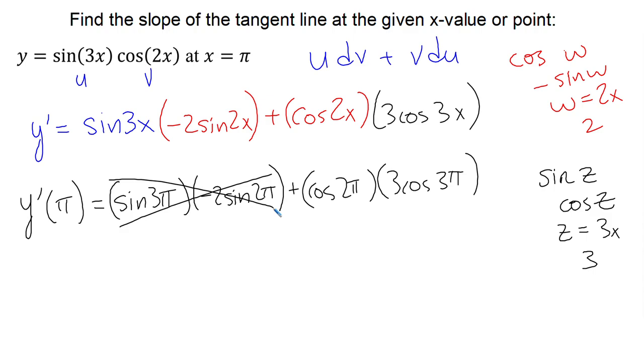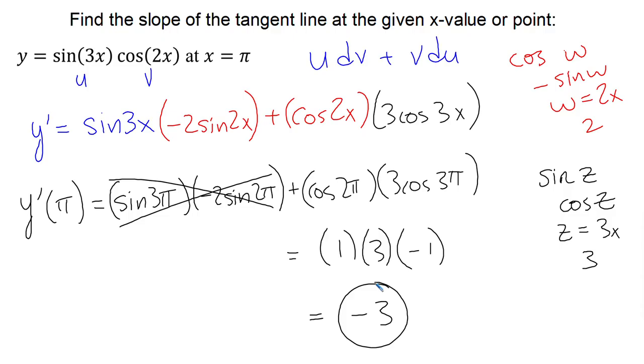And then finding the cosine of 2 pi is the same as finding the cosine of 0. We should know the cosine of 0 is 1, the cosine of 2 pi is 1. So that one's not even going to really matter. And then we've got our 3 times the cosine of 3 pi. Well, the cosine of 3 pi is just like taking the cosine of pi, and that's negative 1. So our final answer should just be negative 3.